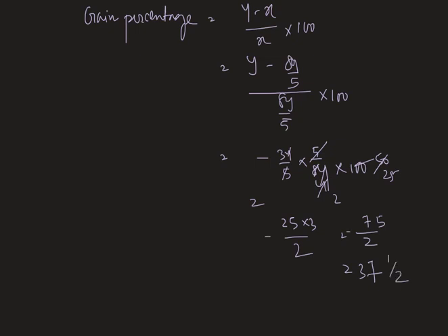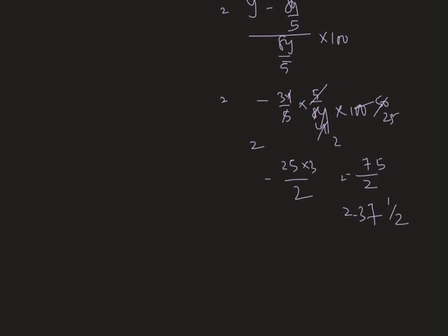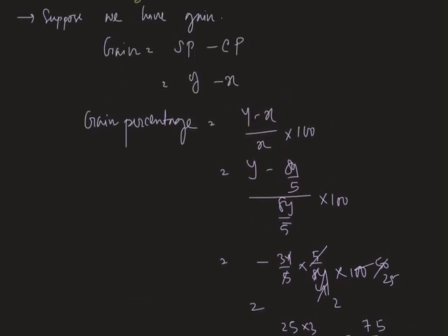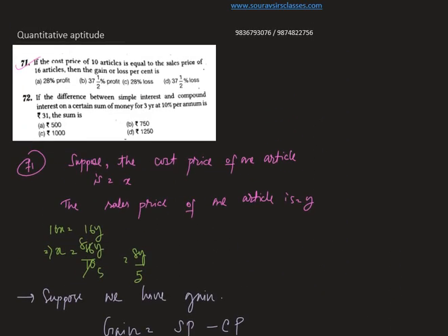But we have a negative sign here, that means negative gain, that means loss. So we have a loss of 37.5%. Okay, so option D is the correct answer.